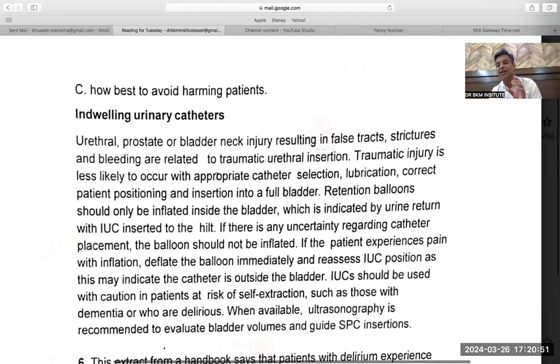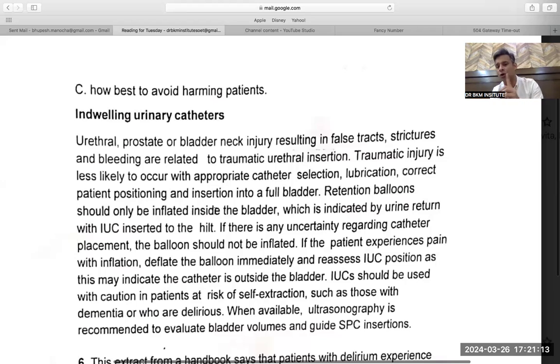Traumatic injury is less likely to occur with appropriate catheter selection, lubrication, correct patient positioning, and insertion into the full bladder. So now they are talking about how it can be prevented. Traumatic injury can be avoided by these methods.